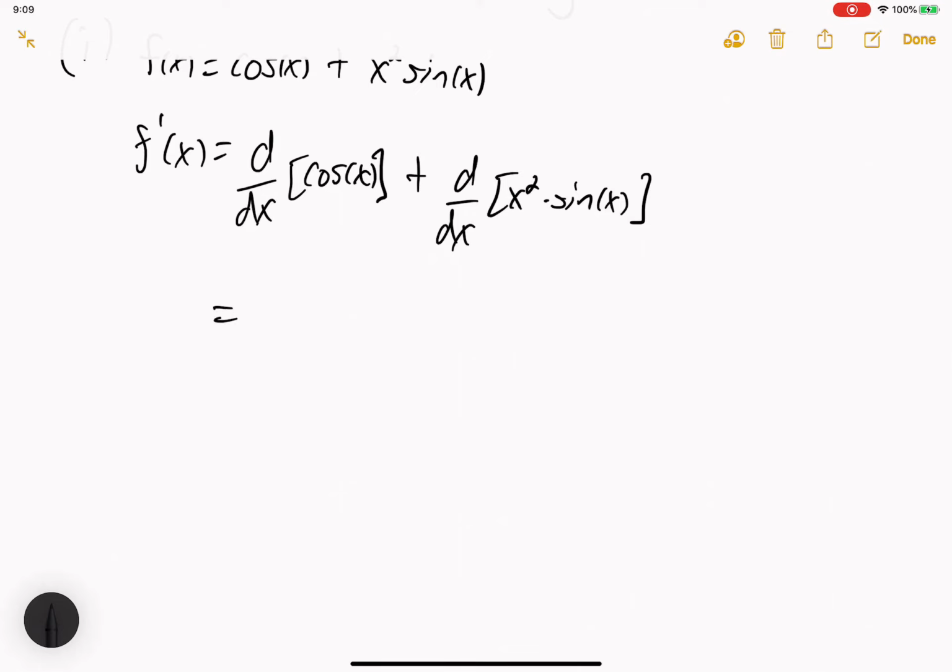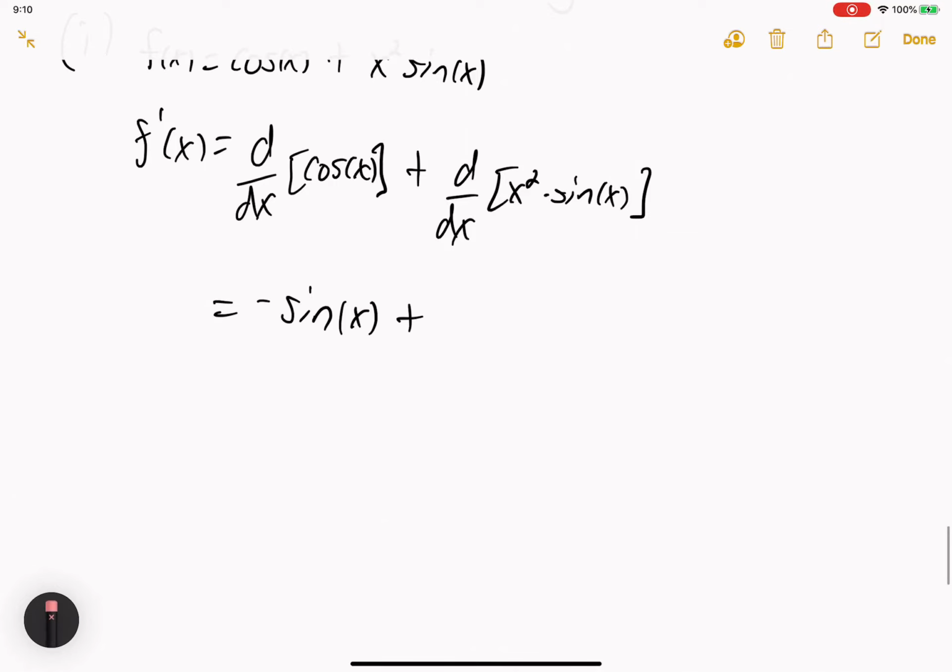But, keep on going. We said the derivative of cosine of x is equal to negative sine of x. And now what we need to do here is remember the product rule. So what it's going to be is the derivative of the first times the second. Well, actually, let me write it down a bit more consistently.